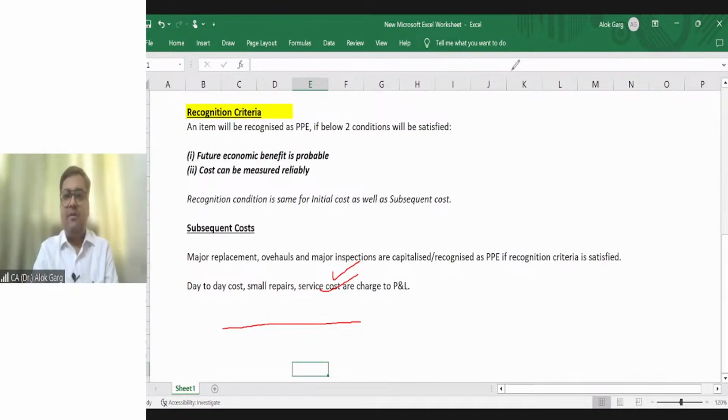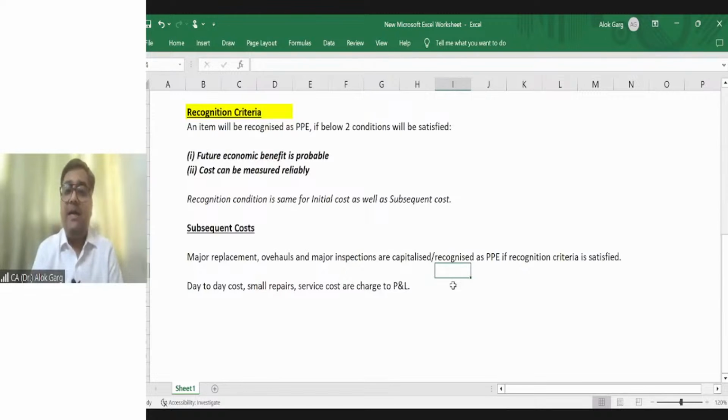What is meant by subsequent cost? Subsequent cost is like major replacement, overhauls, and major inspections, which are capitalized or recognized as PP if the recognition criteria is satisfied. Day-to-day small repairs, service cost, etc. are charged to the P&L. This is what we have read so far.